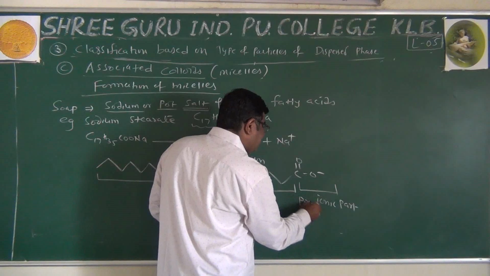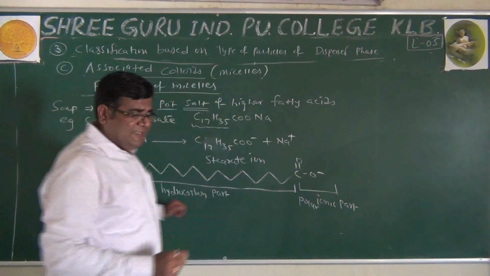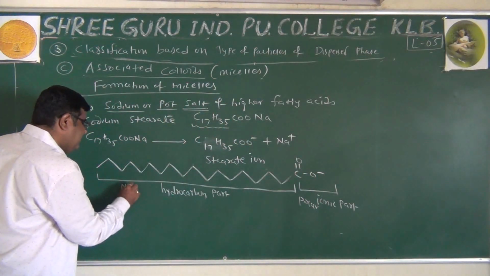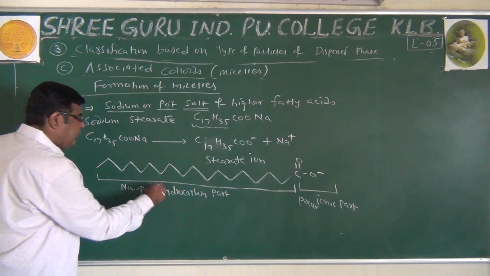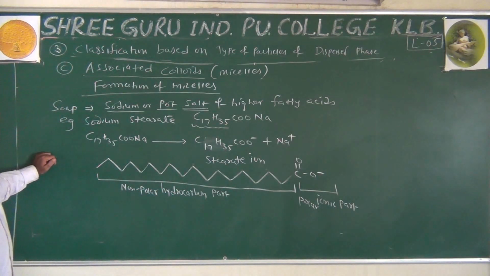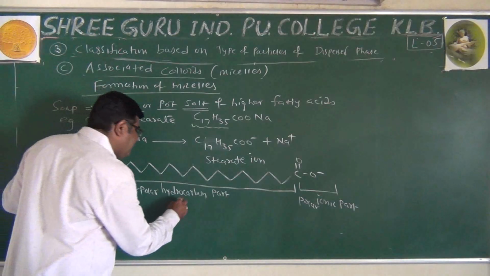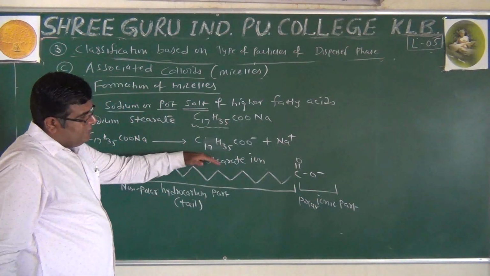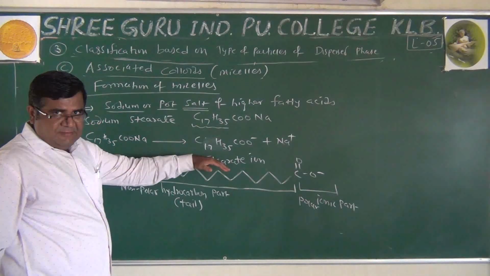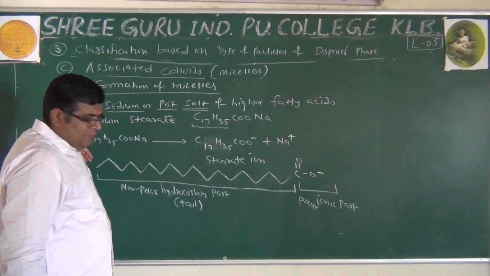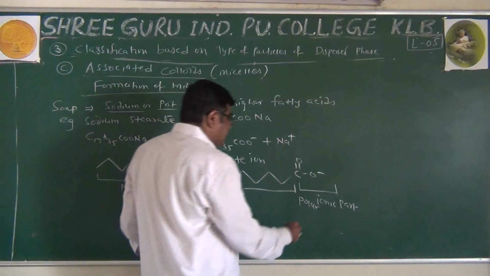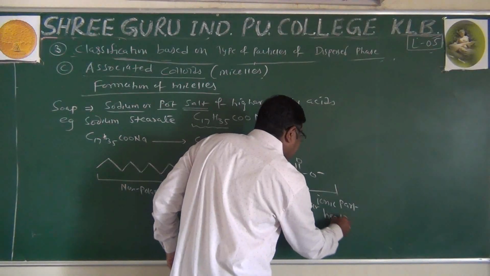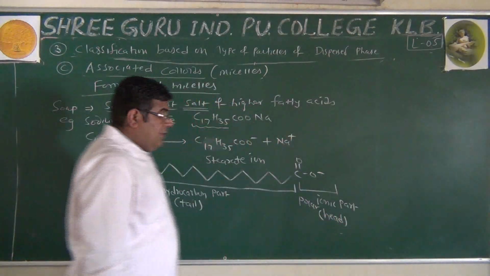This is polar because it has a negative pole, and this is non-polar. This is called the tail, just like a snake is there and it is moving in that way, and this is called the head.